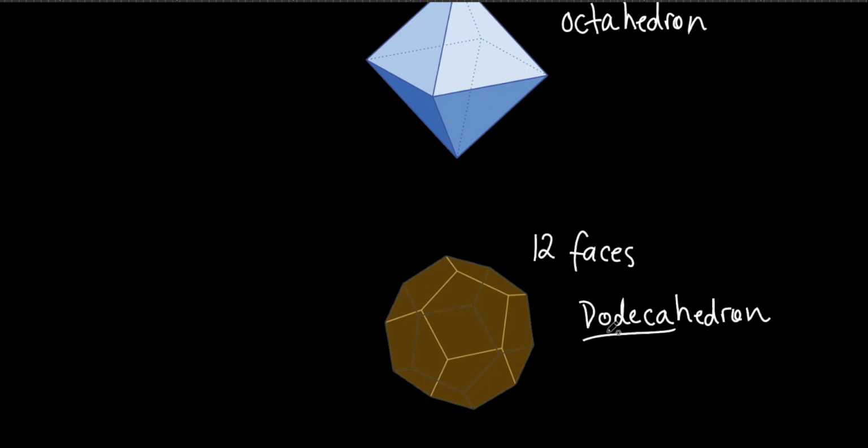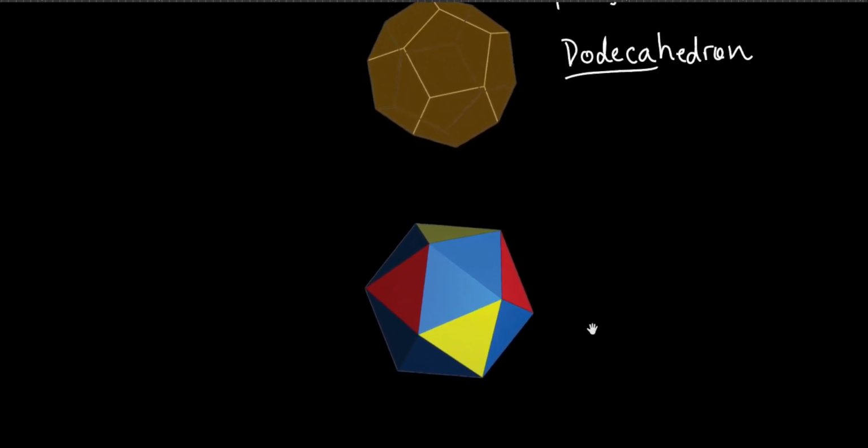Dodecahedron means 12. Yep, the dodeca means 12. Now this one I always forget. If I was studying for a quiz or a test, I would try to remember it and I would study it. So, how many faces does this thing have?